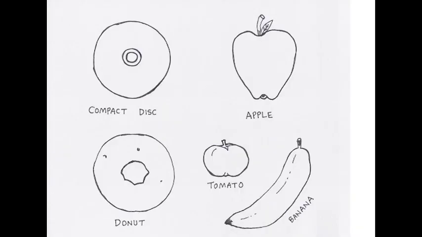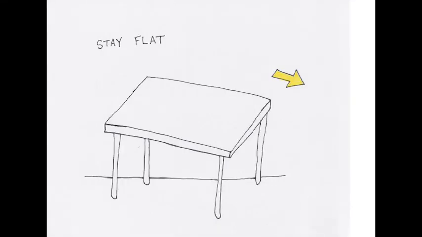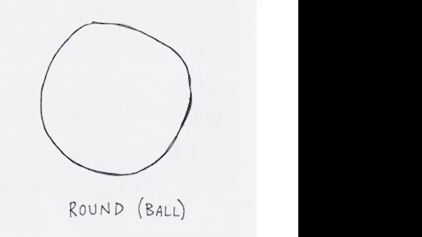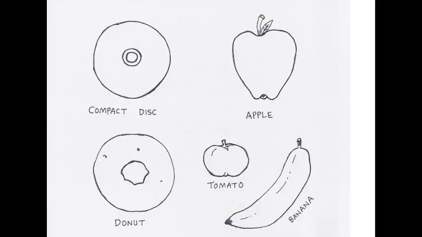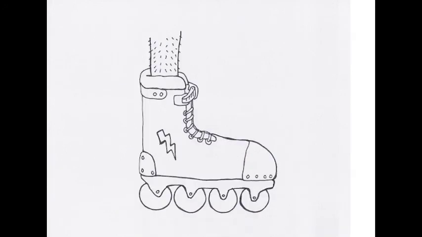A few more examples just to drill this into your head. A compact disc is flat. An apple is flat. If you put it on a table, does it roll off? No. A donut, obviously round. A tomato, round. Banana, that's a classic example, one that can be round and flat. Something more complex, a pair of rollerblades, obviously flat.